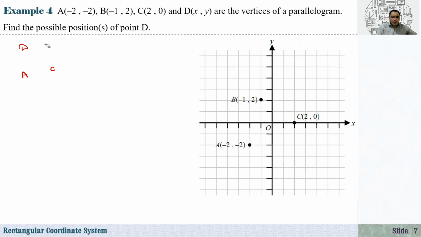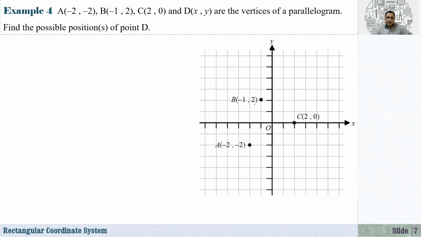So if I plot these points, A (-2, 2) is somewhere here in the third quadrant, and B (-1, 2) is somewhere in the second quadrant, and C (2, 0) is on the x-axis.